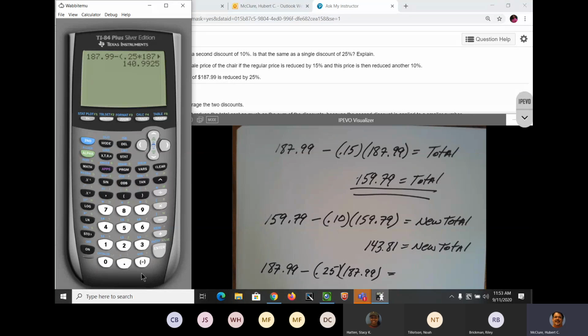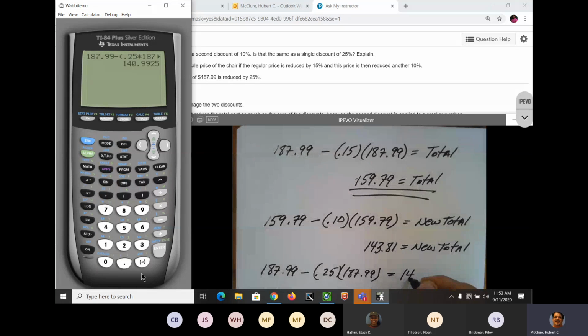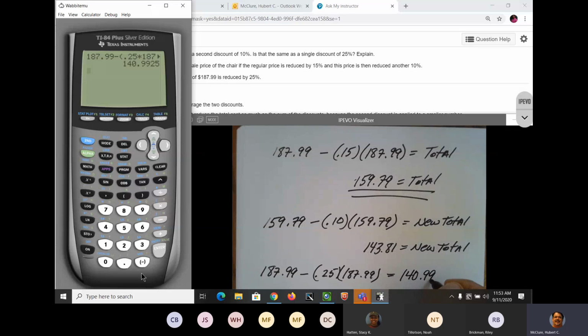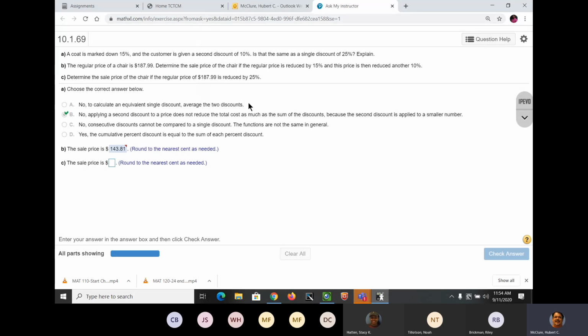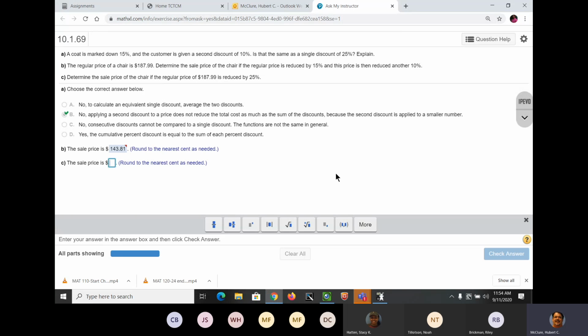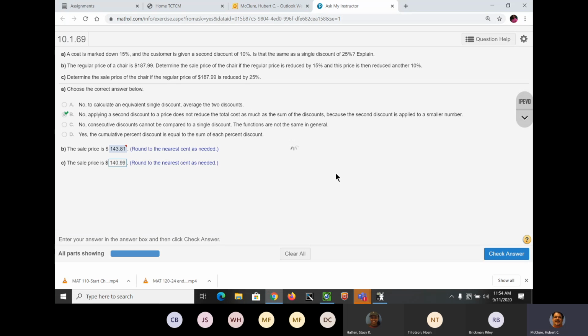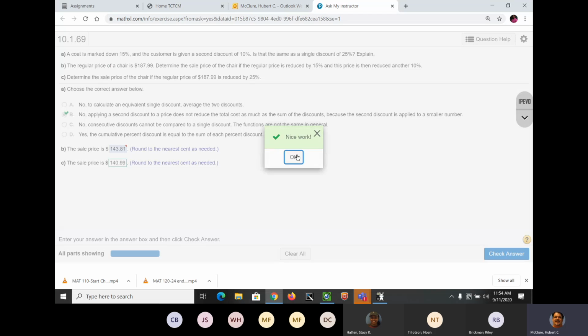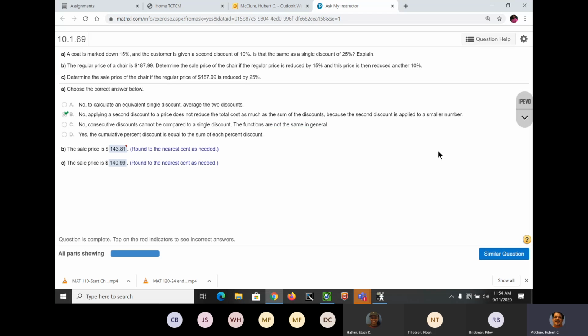I get 140.99. $140.99. So it's better to take off the whole bulk than it is to take 2 percentages off.